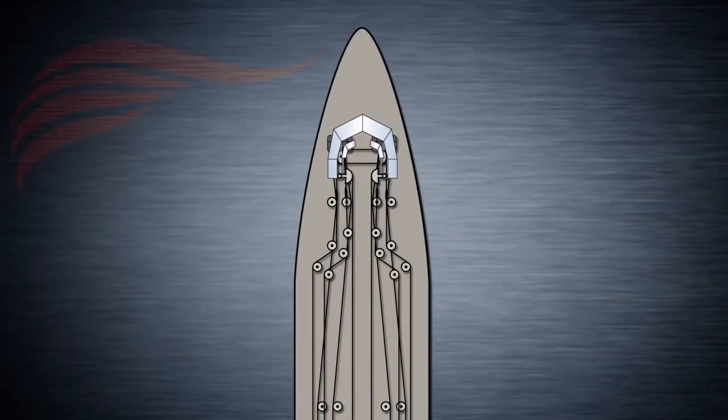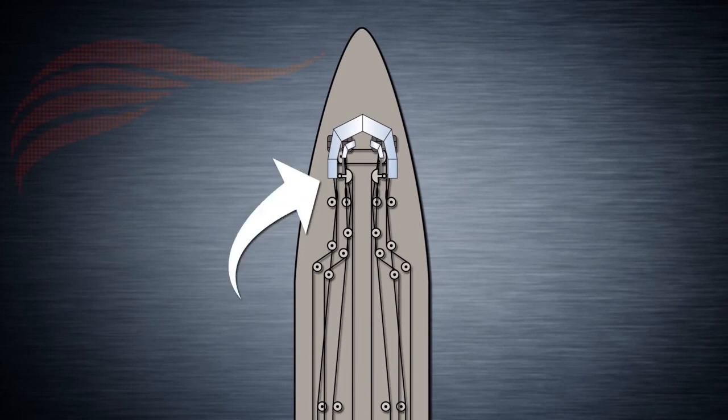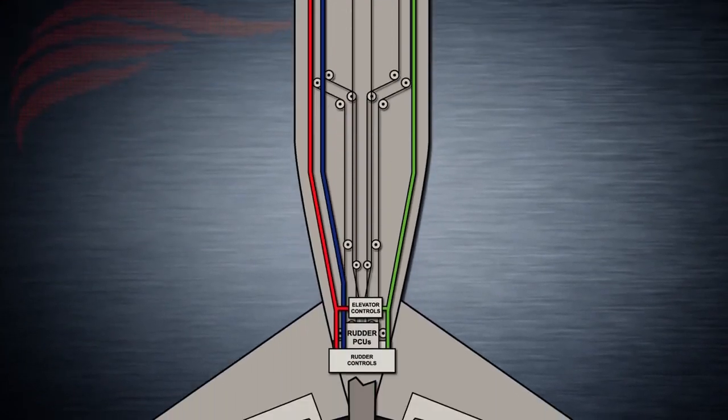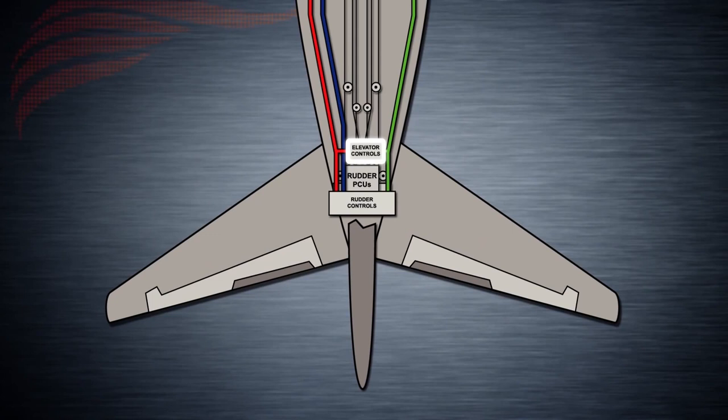The basic principle is the control column sends the pilot's inputs to the Elevator Power Control Unit, or PCU, which is an interface between the pilot's mechanical input and a series of hydraulic actuators on each elevator. These inputs are also sent to the Flight Data Acquisition Unit, or FDAU, for flight data recording.